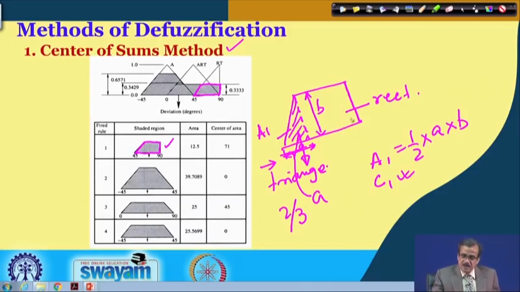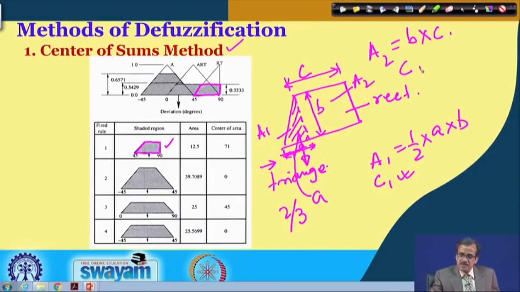Similarly, for the second sub-region, that is the rectangular one, if I know this particular dimension is say C, very easily I can find out what is A2. This area is A2. A2 is nothing but B multiplied by C, and very easily I can find out what is C2, that is the center of area. From symmetry I can find out very easily.